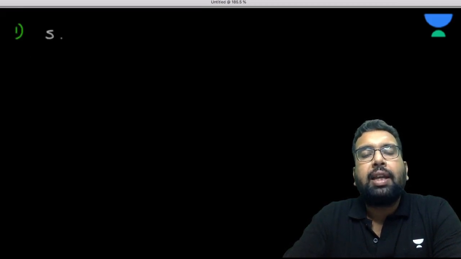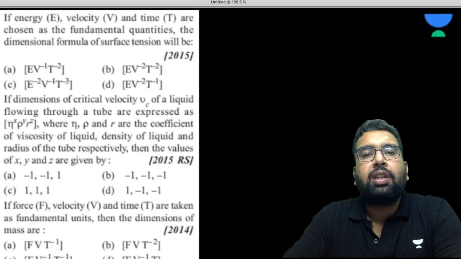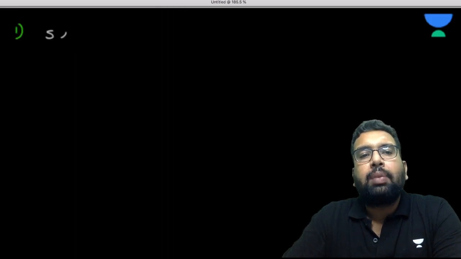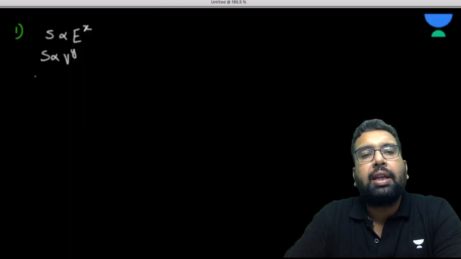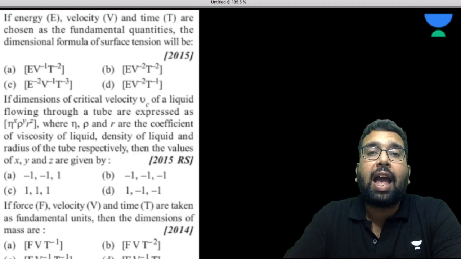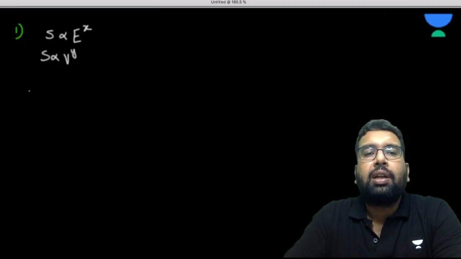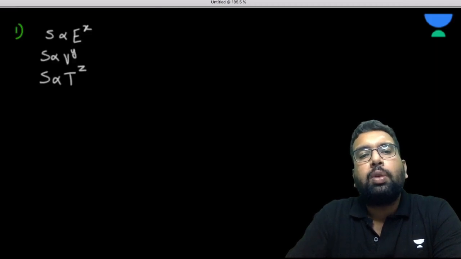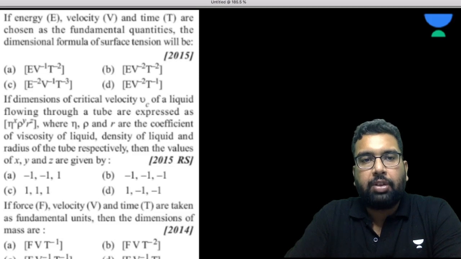We can say that the surface tension, let's call it S, is proportional to E to the power x, V to the power y, like the way we have solved previously, and T to the power z.